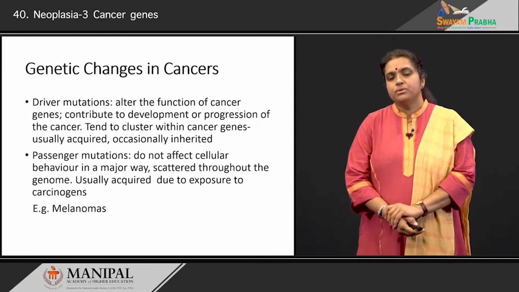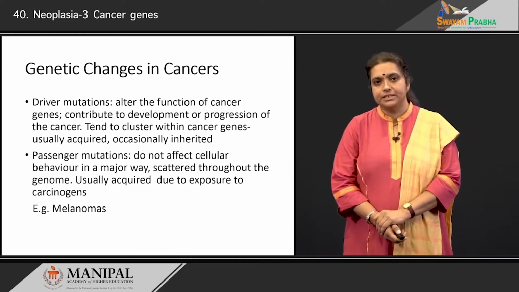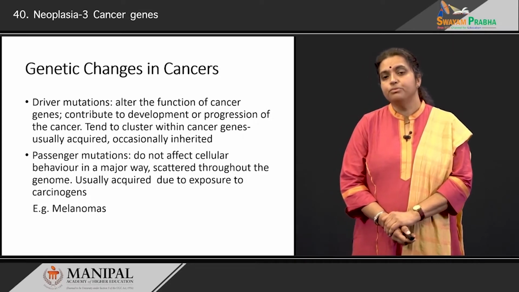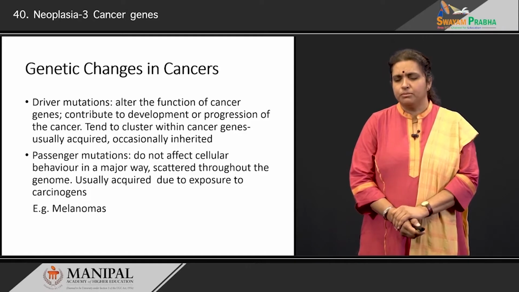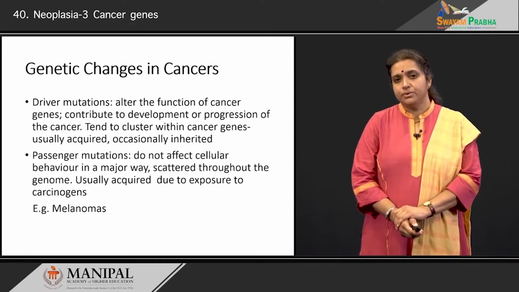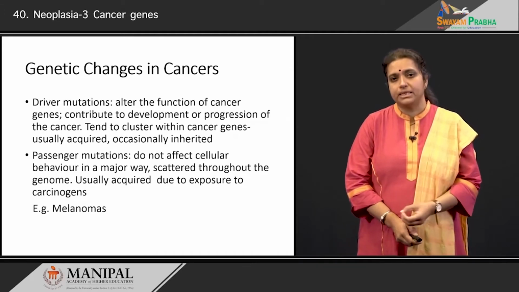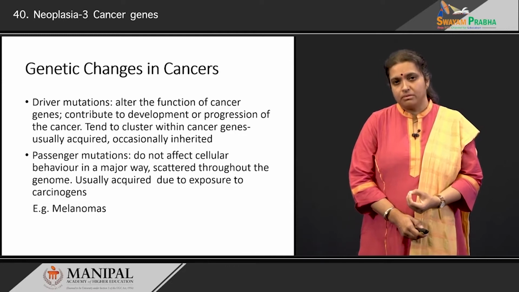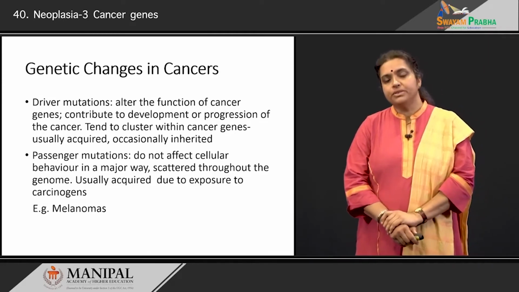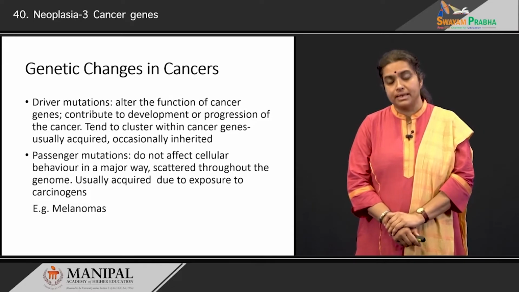Before we go into the specifics of the changes, we must understand that there are two kinds of mutations. Now, before that, what is a mutation? Mutation is a change in a nucleotide sequence within a gene. Even a single nucleotide change can be called a mutation. Now, there are two kinds of mutations that can occur in cancers.